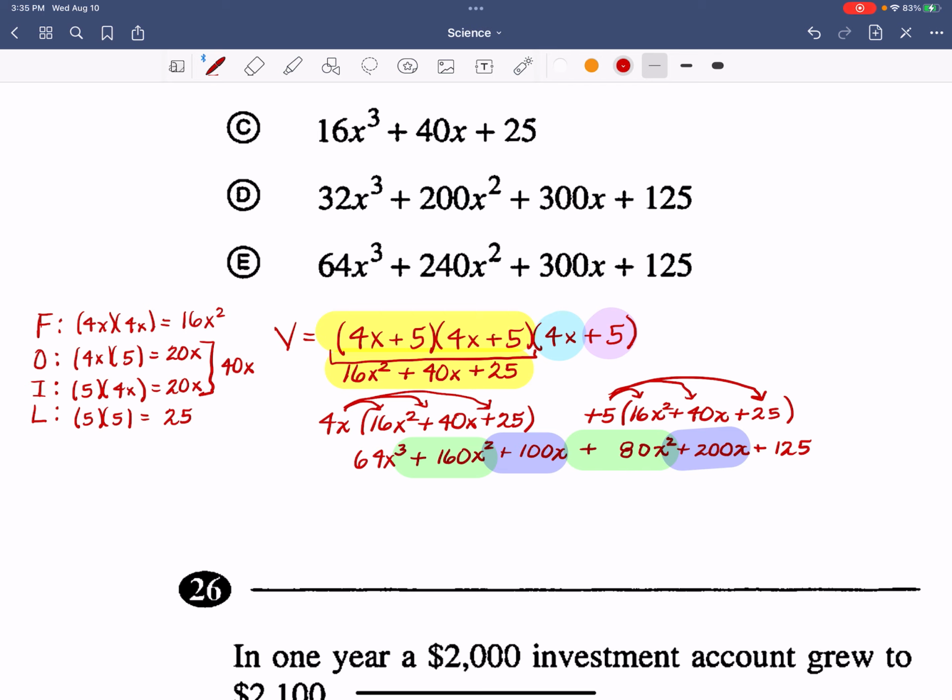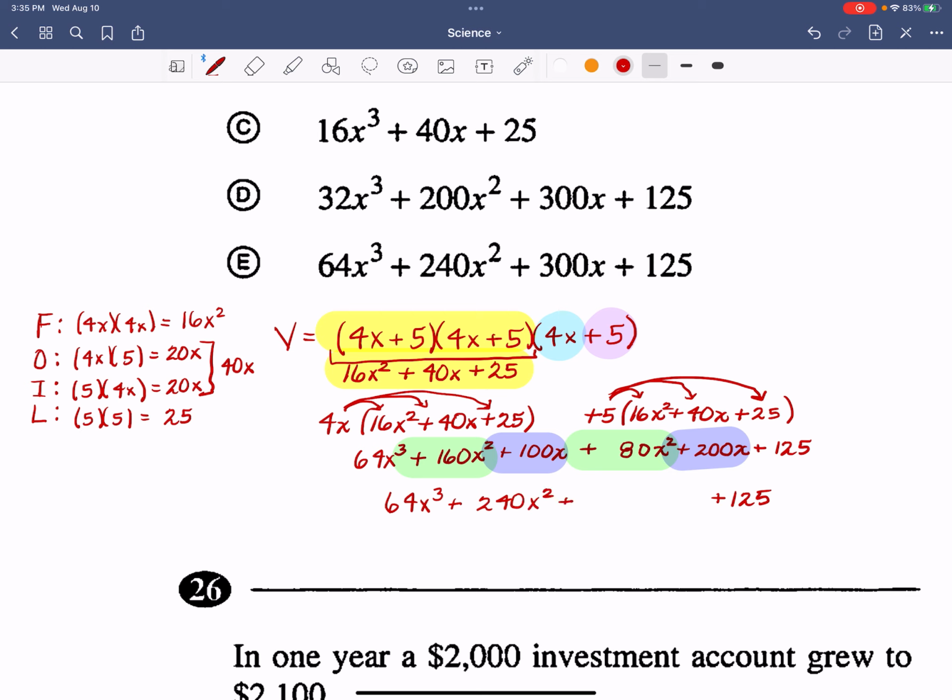Okay, so I can bring that 64x to the third down because we don't have any more third terms. I can also bring the 125 down because we don't have any more constant terms. 160 plus 80, that's going to give me 240 for the x squareds.